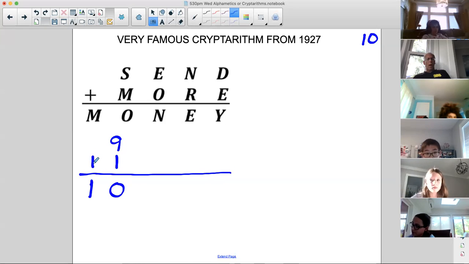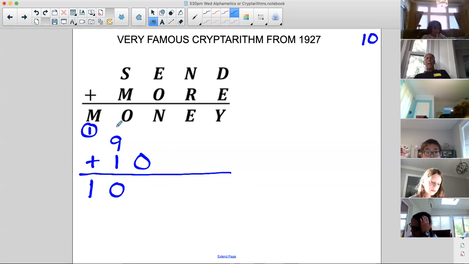And can you tell me why? Because M has to be 1. And in order for there to be a carry, S has to be 9, and so O has to be 0. Very, very nice.